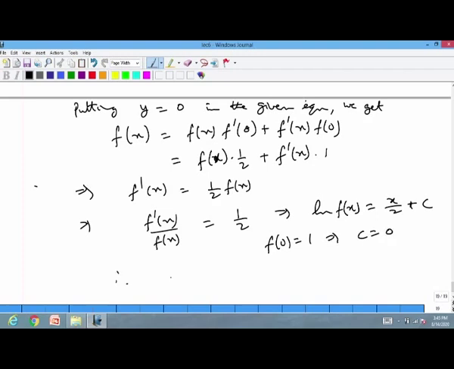So, therefore, log of f of x equal to x by 2. We have to calculate log of f of 4. So, this will be equal to 4 by 2, which is equal to 2.